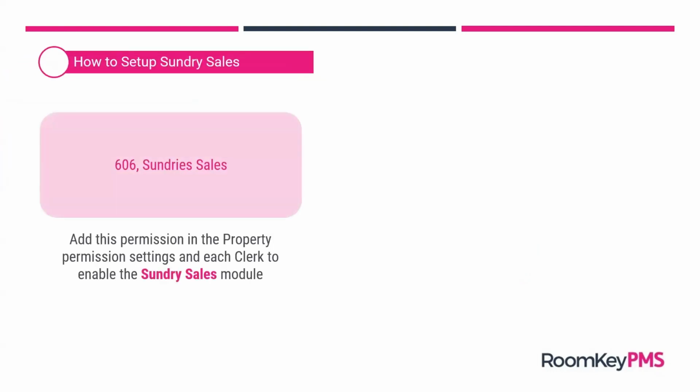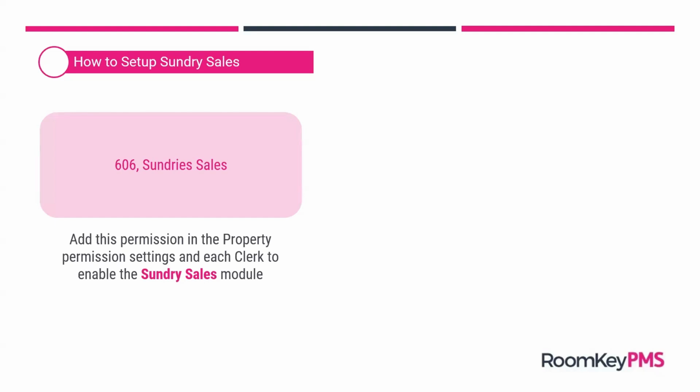So to get started, you want to make sure that a few things are already set up in Roomkey before you start using Sundry Sales. Most importantly, you want to make sure that you have access to or have enabled the module itself. And that is using permission 606 Sundry Sales.